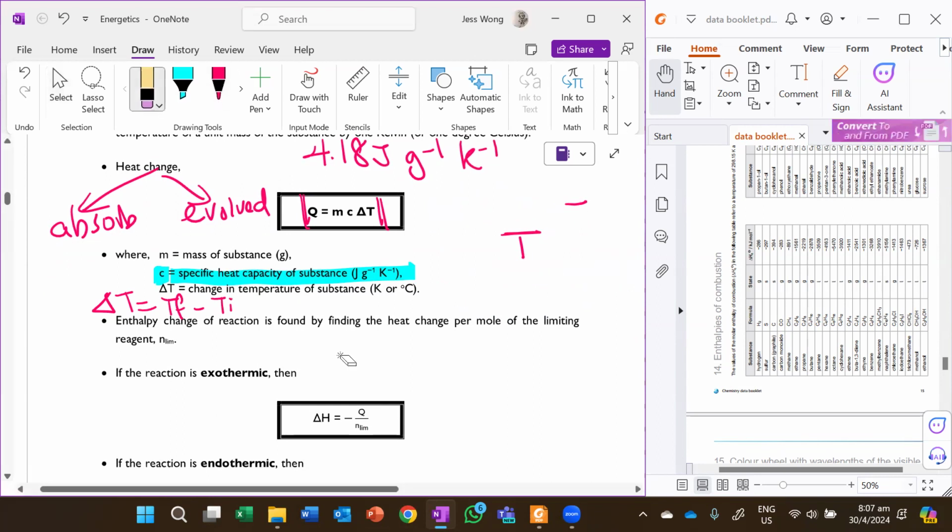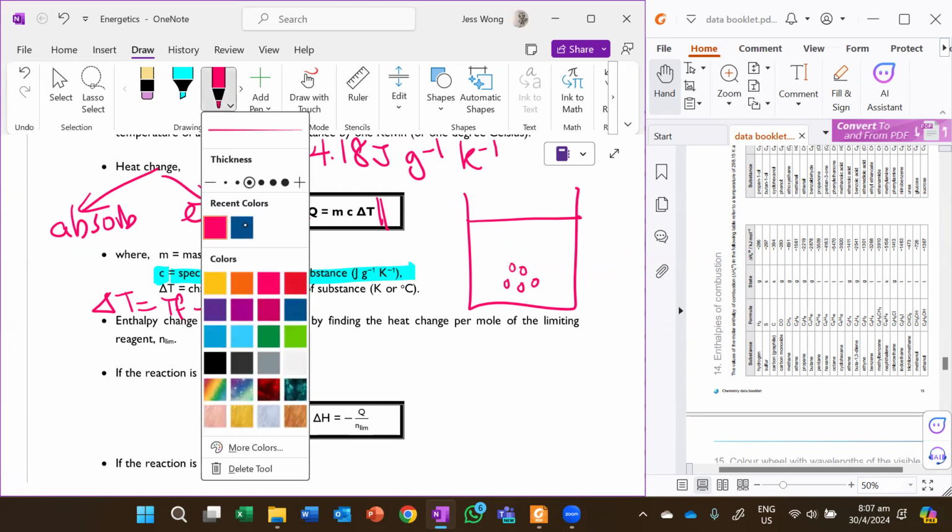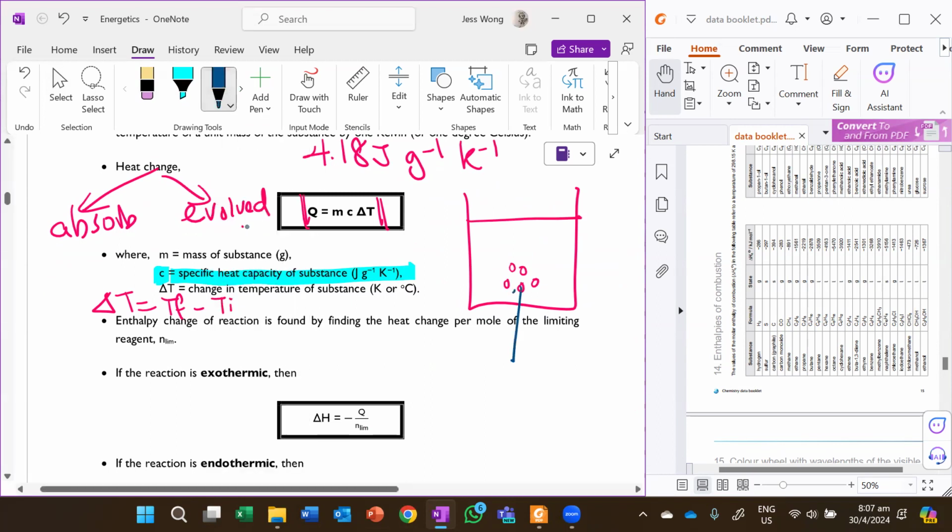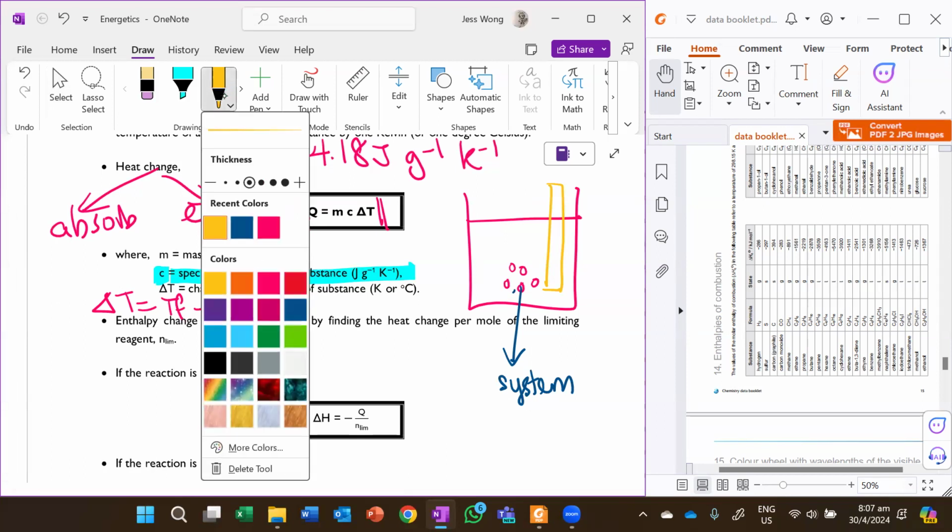Now, in an experiment, this is what happens. This is your solution. In the solution, there are molecules, and the molecules are the ones that are reacting. So your molecules here, or your ions, make up the system. But whenever you place a thermometer in, you are actually measuring the temperature of the surrounding.